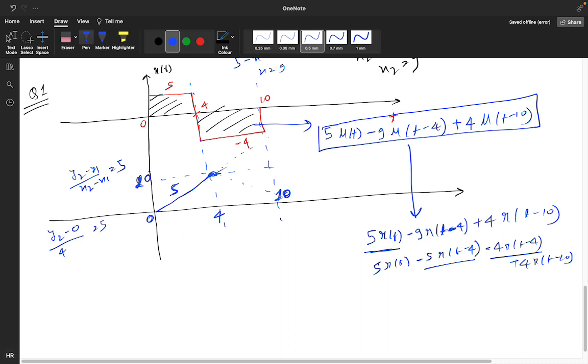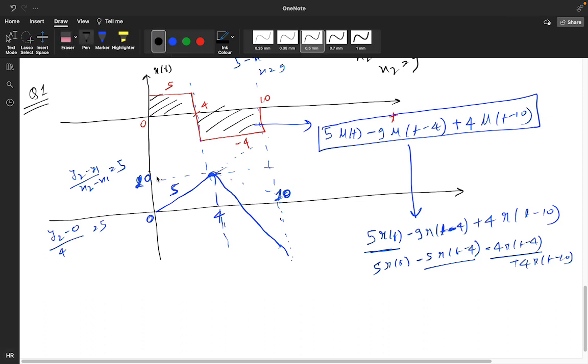I am assuming it's passing like this, and it's going up to the 10th value. You can assume like this also, it's up to you. But when you find the value, you will get a difference. So that's why I assumed it like this.